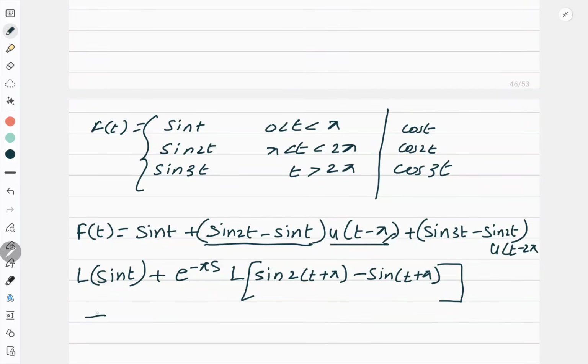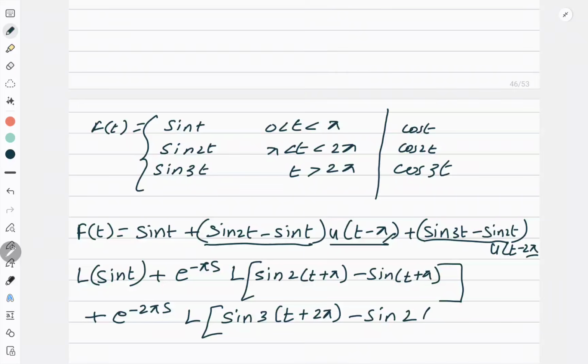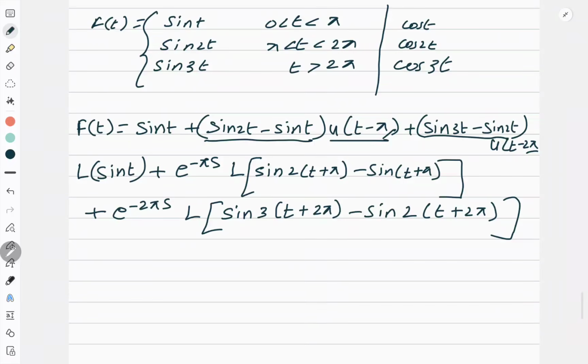Then plus, here a is 2 pi. So e to the power minus 2 pi s and Laplace of this function, but in place of t, t plus 2 pi, sorry. So sine of 3t plus 2 pi minus sine of 2t plus 2 pi. Correct?